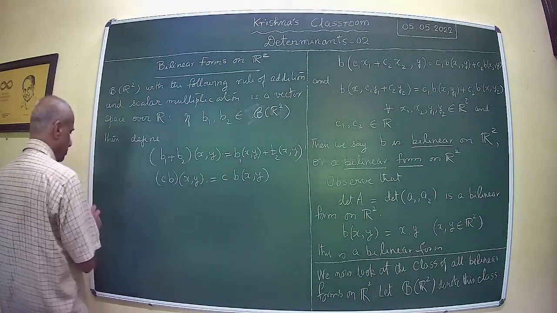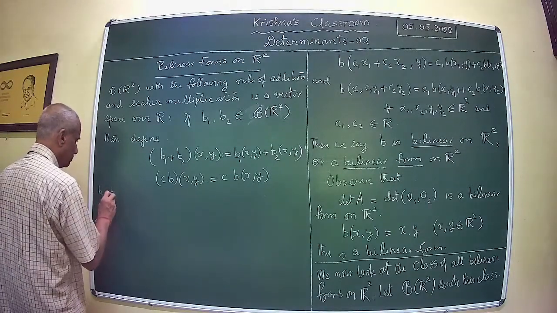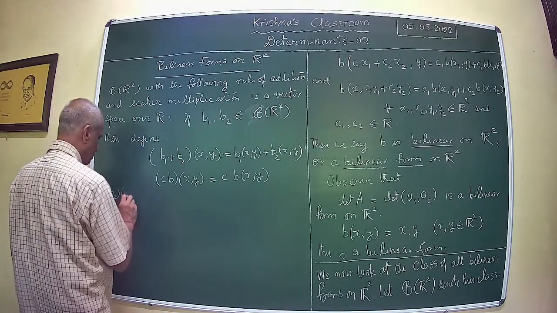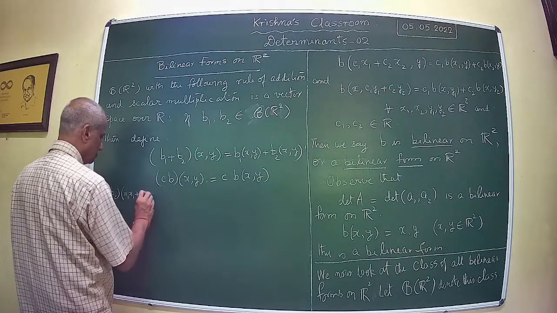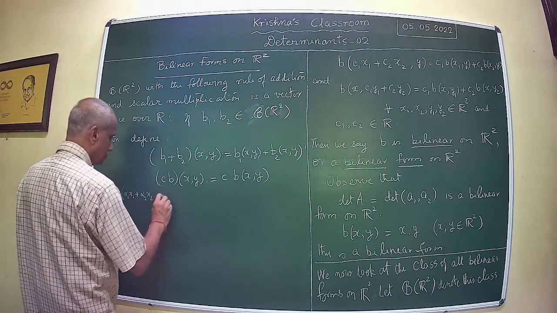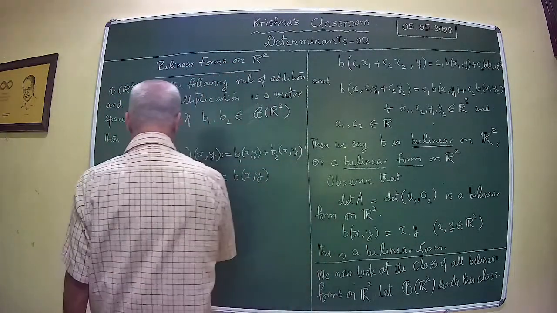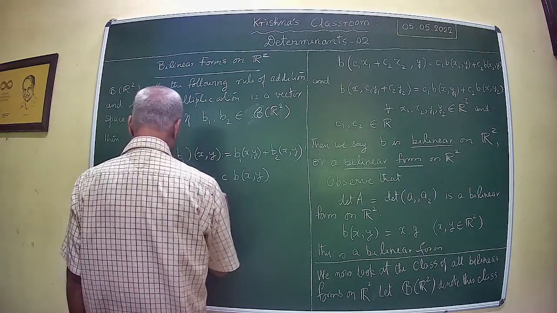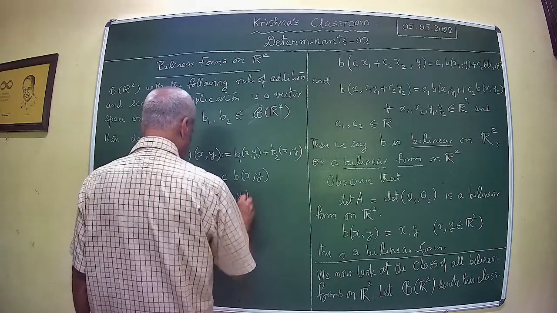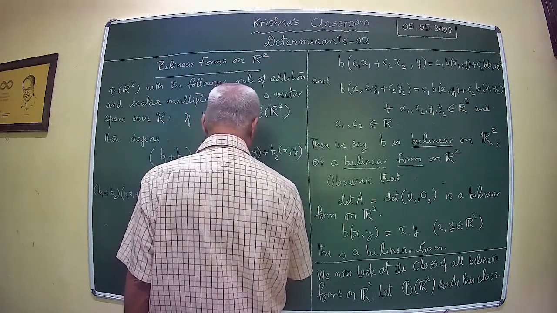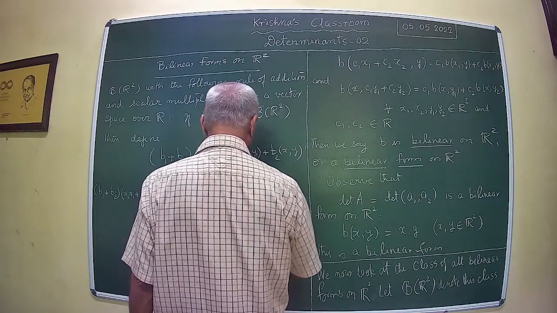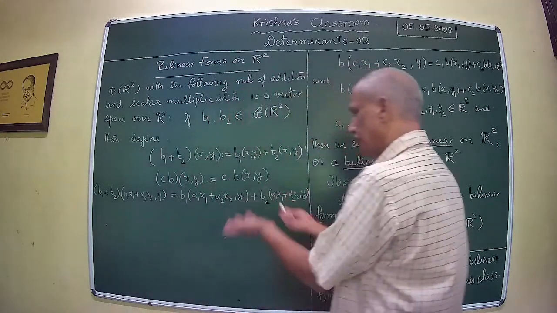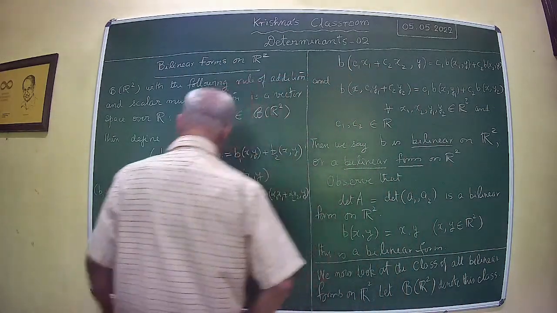So you see that B1 plus B2, by definition, is B1 plus B2 evaluated at (alpha1 x1 plus alpha2 x2, y), and you see that B1 and B2 are bilinear.